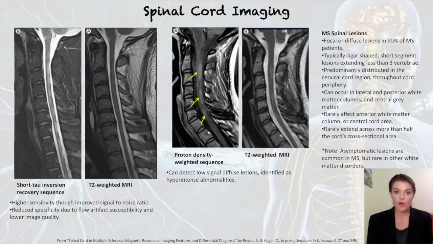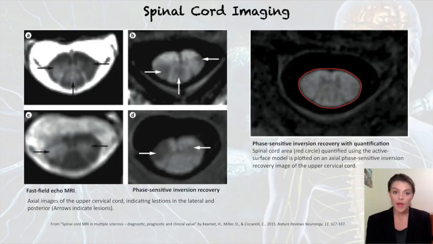Lesions and atrophy are common in the cervical region, whereas significant abnormalities in thoracic and lumbar regions are suggestive of alternate diagnoses. A unique study utilised axial view phase-sensitive inversion recovery to quantify grey and white matter in early MS, which you can see here on the right.